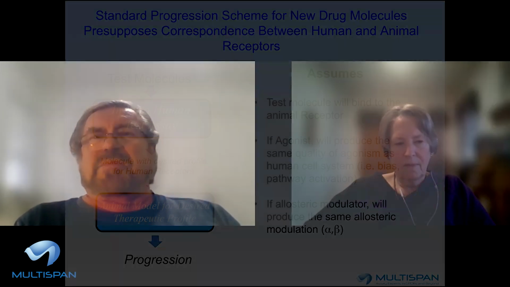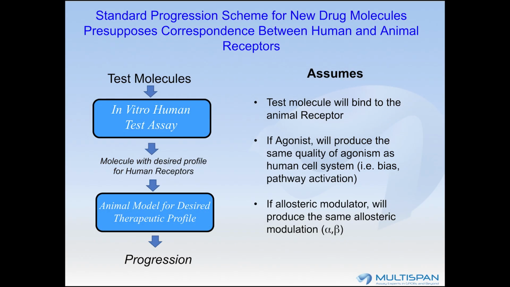So you need some intervening process, and usually that is an animal model. So you might have a compound aimed at human depression, so you will then test it in a rat model of depression. The possible issue here is, is your compound going to be equiactive in the rat receptor as it was in the human one?